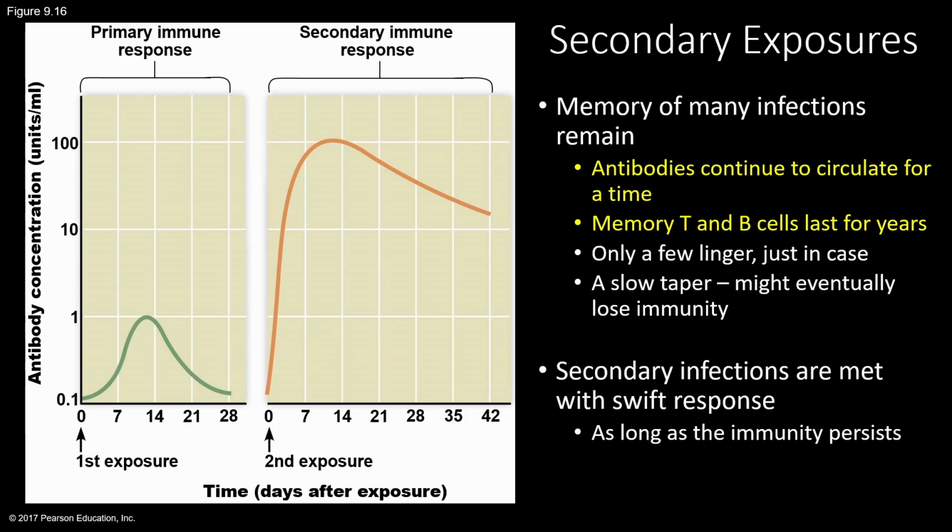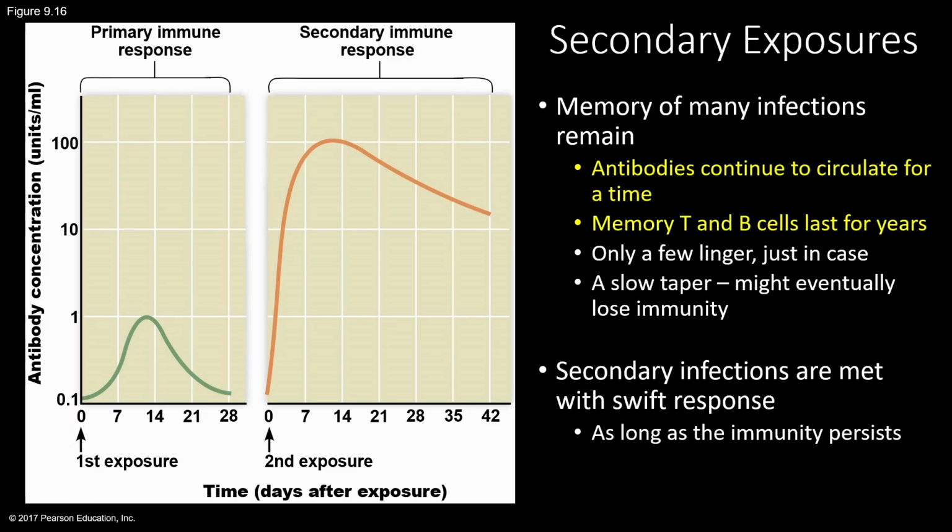Importantly, in my previous example, if you had gotten the measles vaccine instead of contracting the measles and suffering the measles as you did, that is also the primary immune response that takes place when your body responds to that vaccine. It just has the added benefit of not actually making you horribly sick or infectious.